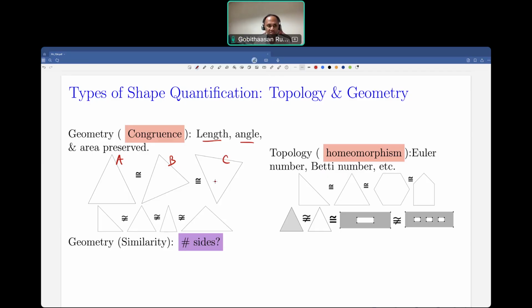So very strict, right? Whereas if you look at the second row here, triangles D, E, F, and G are not congruent, right? Because they do not have similar length or angle or area, okay? In the context of geometry, we can also look at the number of sides.